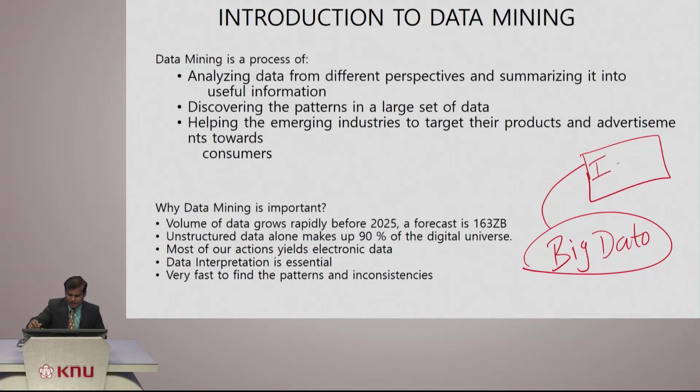In other words, information retrieval can happen by means of this data. Another challenge is that most of this data is unstructured. Because it's unstructured, we may have to do certain pre-processing to make sure that the data is useful for processing.